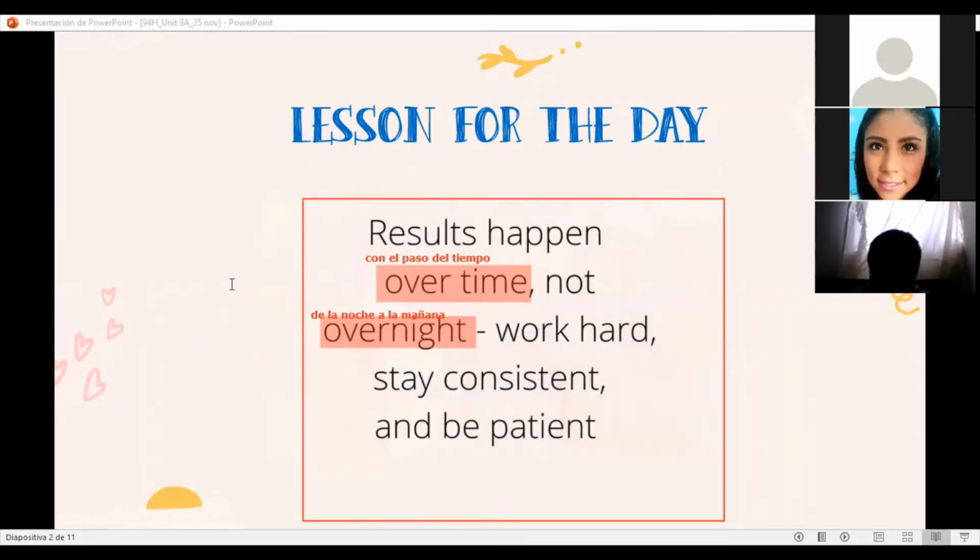Los resultados ocurren con el paso del tiempo, no de la noche a la mañana. ¿Sí? Work hard, stay consistent, and be patient. Así que a trabajar duro, ser persistentes, ¿no? Y pacientes, sobre todo. Que las cosas llegarán a su tiempo.